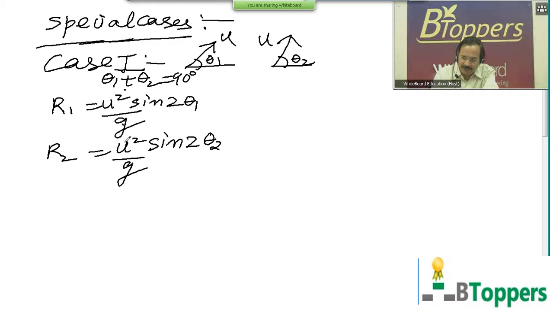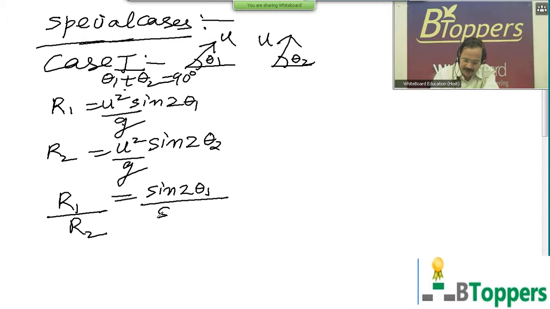So the value of g is a constant at a given place. So if you divide R1 by R2, you get sine 2 theta 1 by sine 2 theta 2.